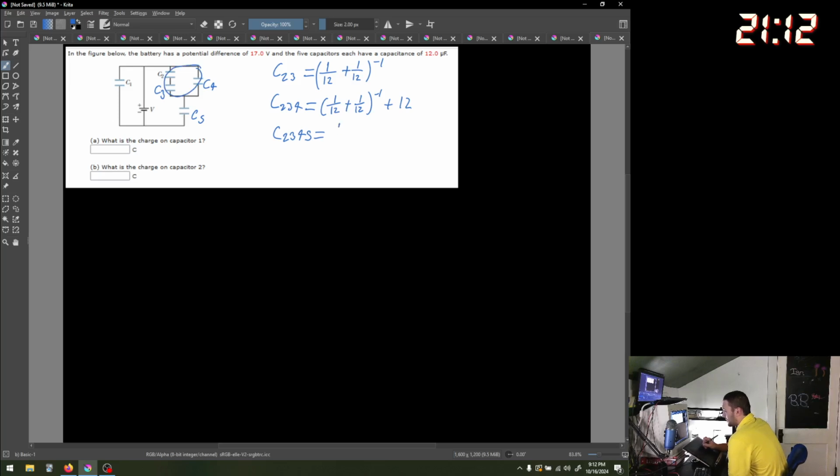So this is going to be 1 over, let's see, 1 over 12 plus 1 over 12, inverse, plus 12, plus 1 over 12, inverse. And that should be the C equivalents for each of these.